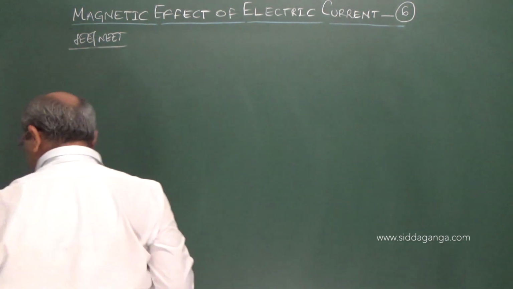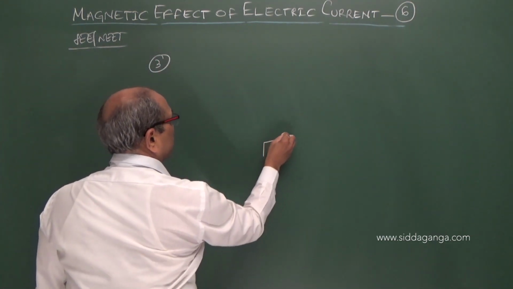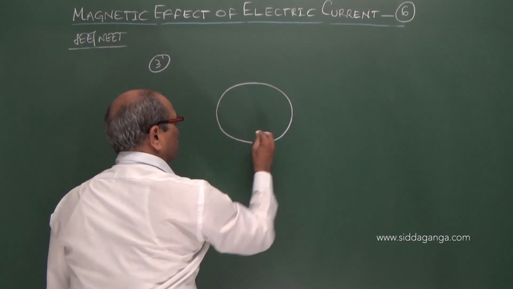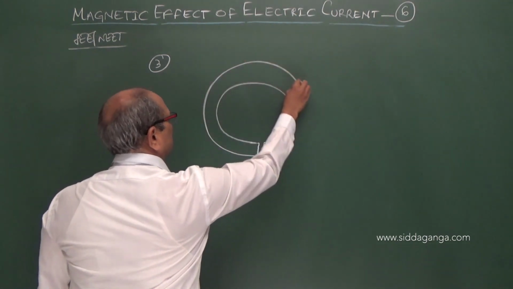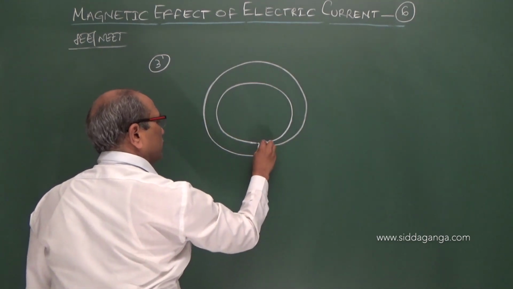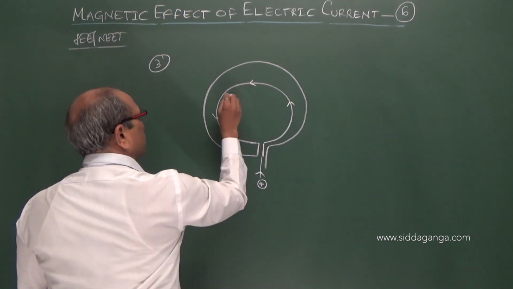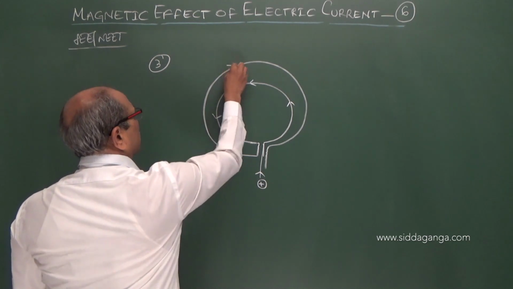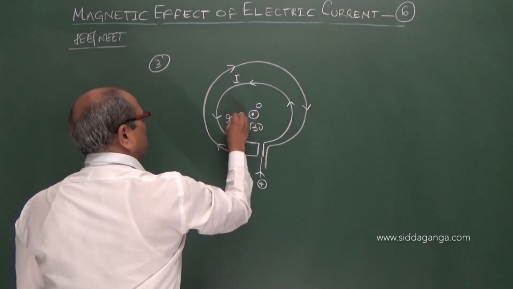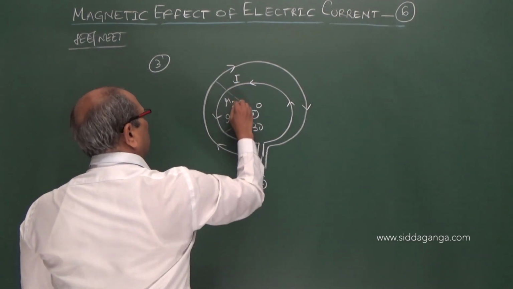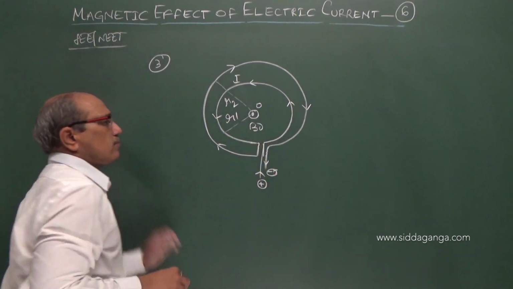So coming to another. The field at the center: the question has R1 and R2 distances. Current is taken out from the other end.